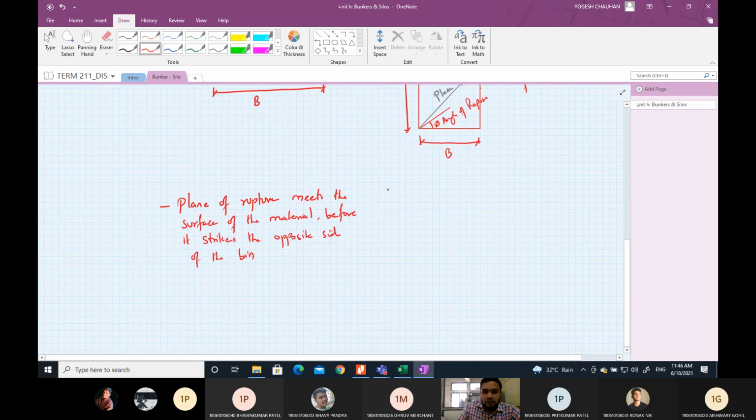Whereas in case of silo, the plane of rupture meets the opposite edge or opposite side of the bin before it strikes the surface of the material.